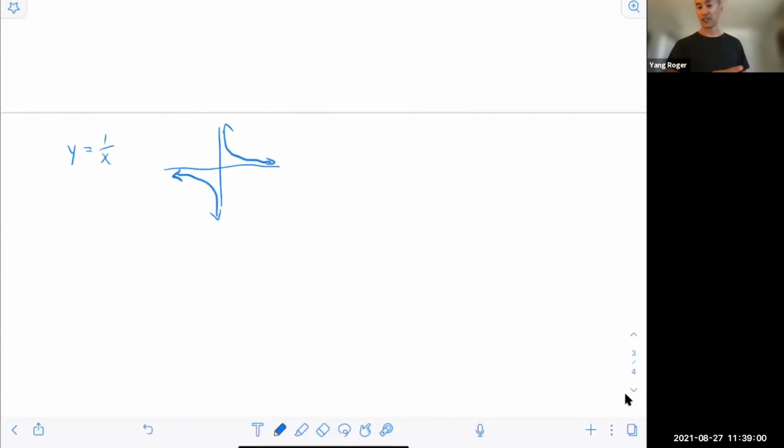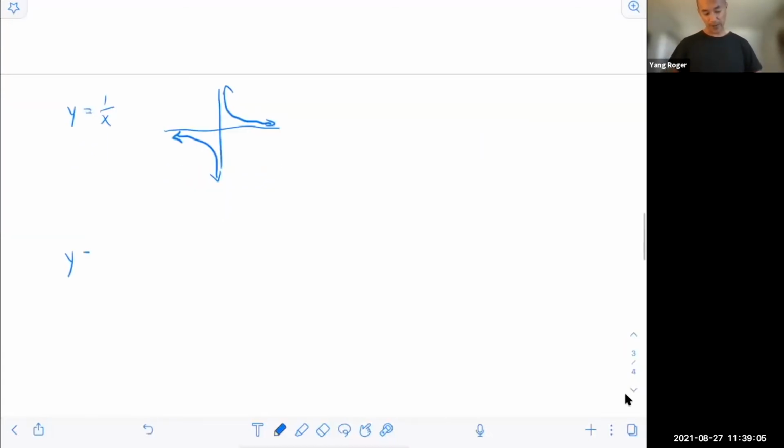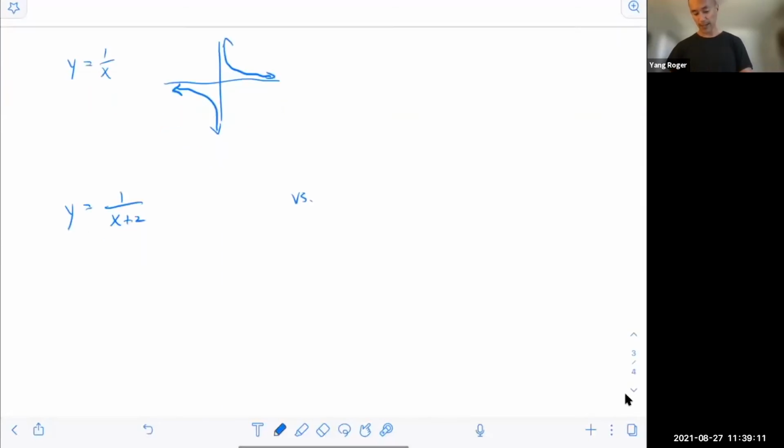That was an example we just did, right? So if I have y is equal to 1 over x plus 2 versus y is equal to 1 over x plus 2 like this, what's the difference between these two graphs? This one versus this one. Which one, the right one or the left one, is moved up by 2?